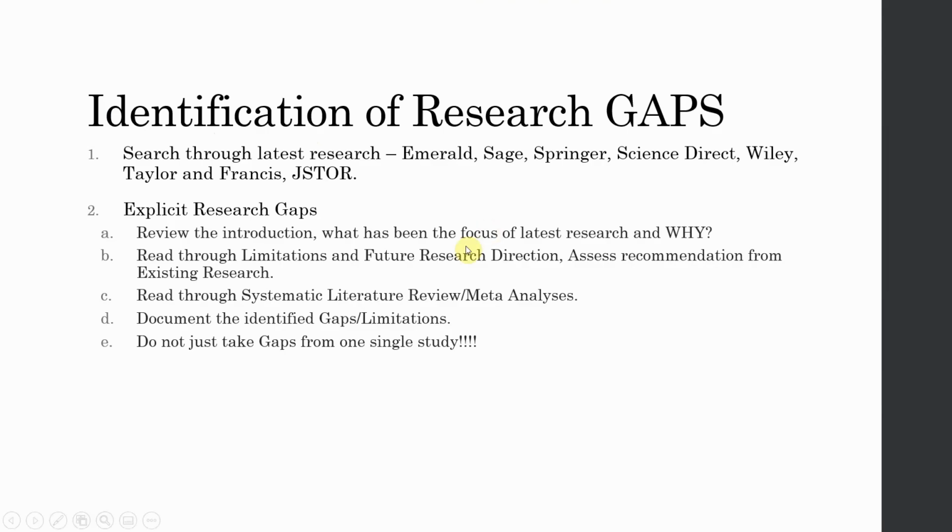Now, explicit research gap is something that is written, that is out there. Implicit research gap is identified through reading. The more you read in depth on a topic, the more you will be able to identify implicit research gap. For example, my area of interest is corporate social responsibility, knowledge management, and let's say project success. So I've written papers on project success, I've written papers on knowledge management, I've written papers on corporate social responsibility.